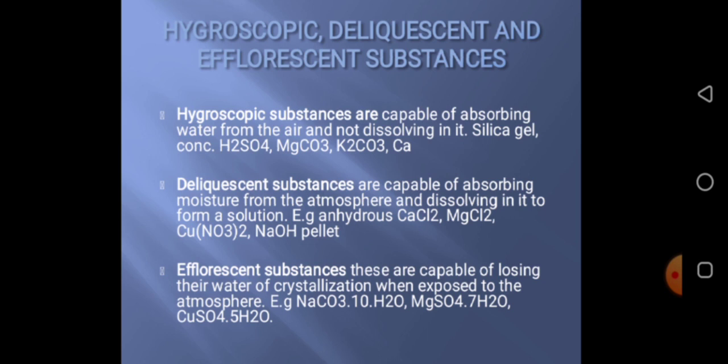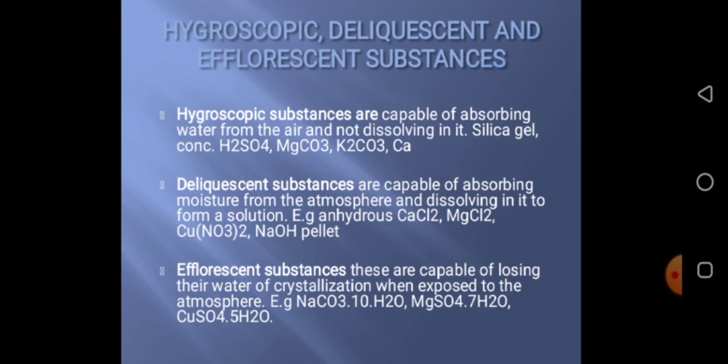These are capable of losing their water of crystallization when exposed to the atmosphere. What is the difference? It is the opposite. The hygroscopic and deliquescent substances absorb water, while efflorescent substances lose water when exposed to the atmosphere.